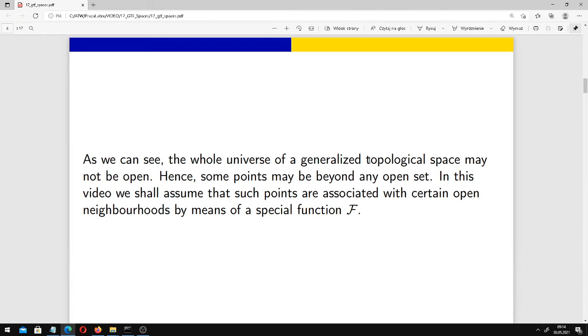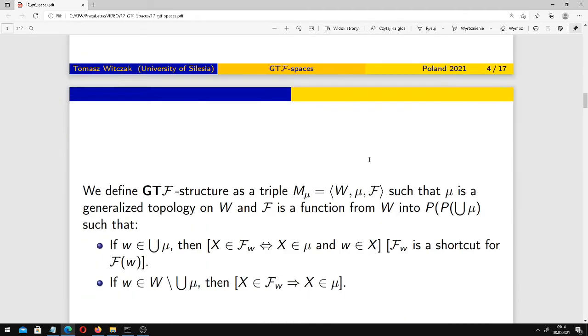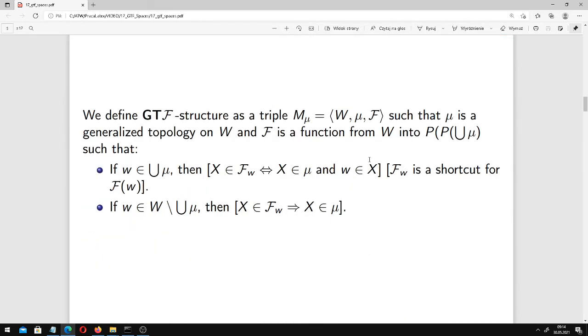In this video, we shall assume that such points are associated with certain open sets, open neighborhoods, by means of a special function F. We define a GTF structure as a triple, like here, where we have a non-empty universe W, a generalized topology mu, hence we have the biggest open set, and we have a certain function, defined in the following manner.